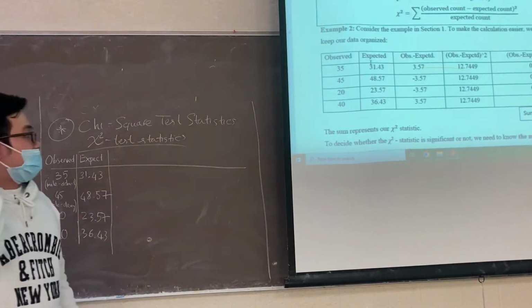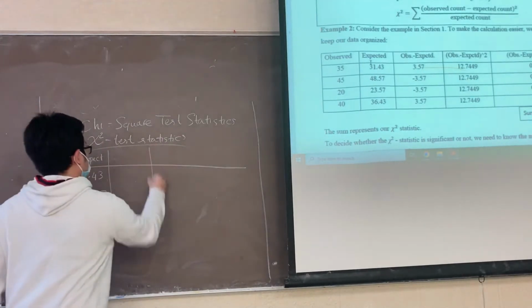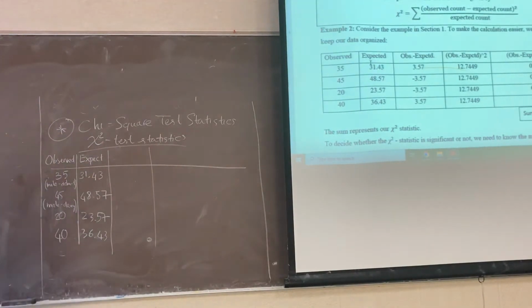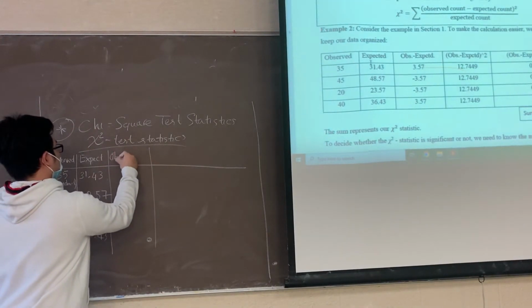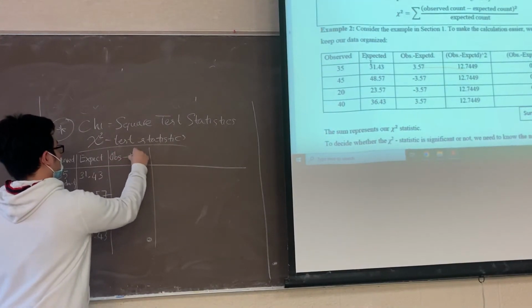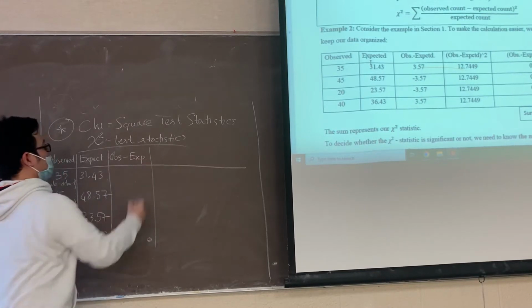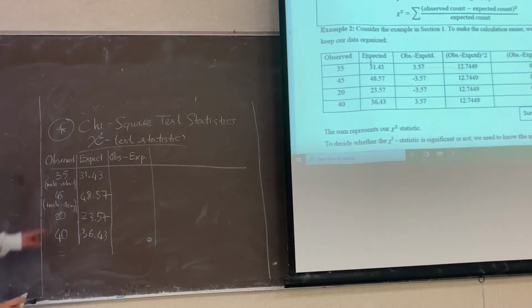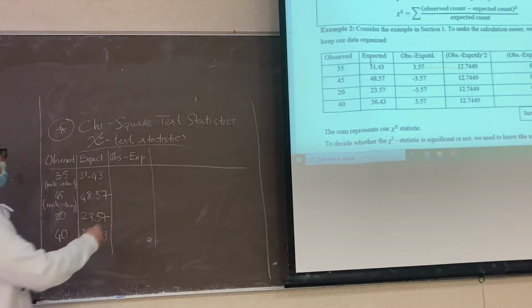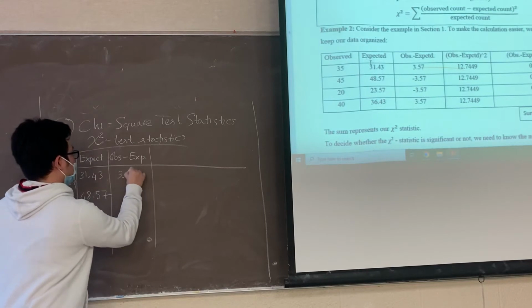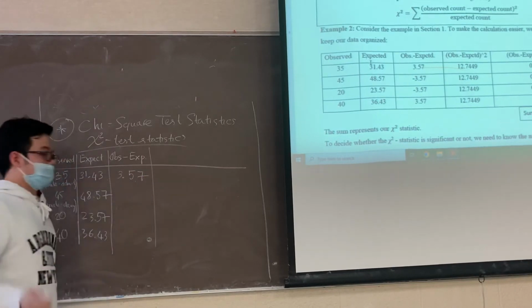After that we will calculate the next column: the observed minus the expected count. So we calculate 35 minus 31.43, and we get the result 3.57.